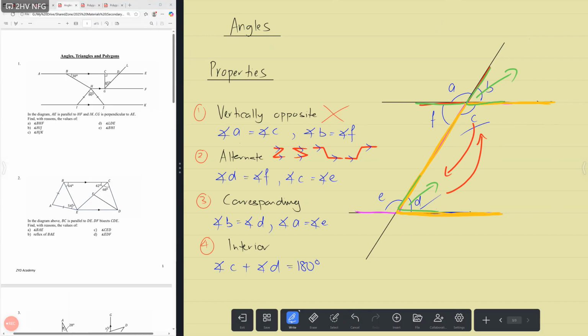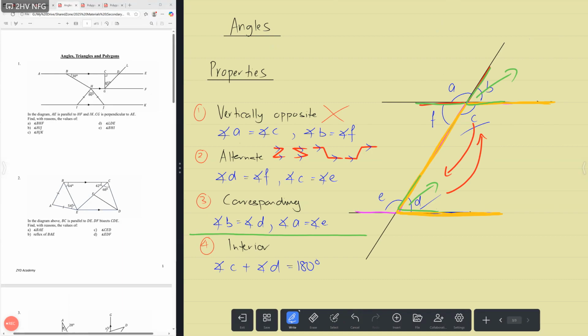To summarize again, your first three properties, vertically opposite angles, alternate angles, and corresponding angles, are equal to one another. The last one, interior angles, are not equal; they add up to 180 degrees.